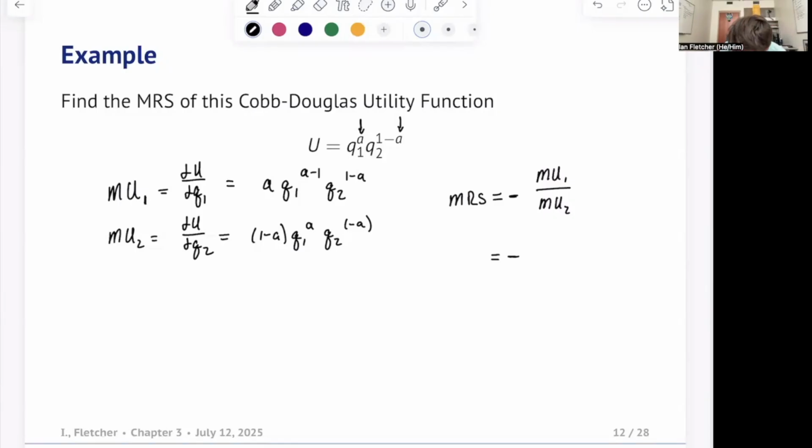And so we are going to get something that looks like this.